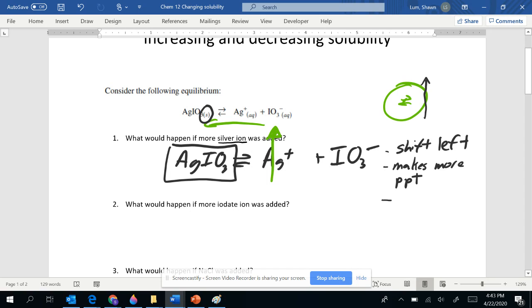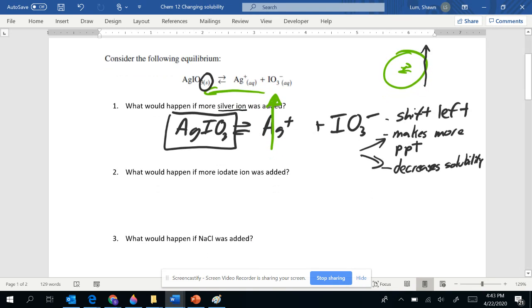Or in other words, it decreases solubility. These are the two big answers that we'd be looking for: makes more precipitate or decreases solubility. So we add more silver ion, it forces a shift left, and more stuff is going to precipitate out. And that's our answer to the first one.